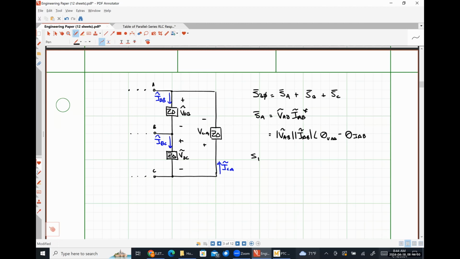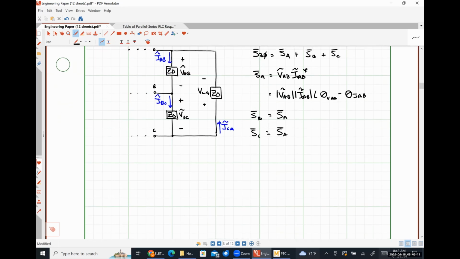What do you guys think is going to happen for the B phase? The exact same thing. What about the C phase? The exact same thing, right?